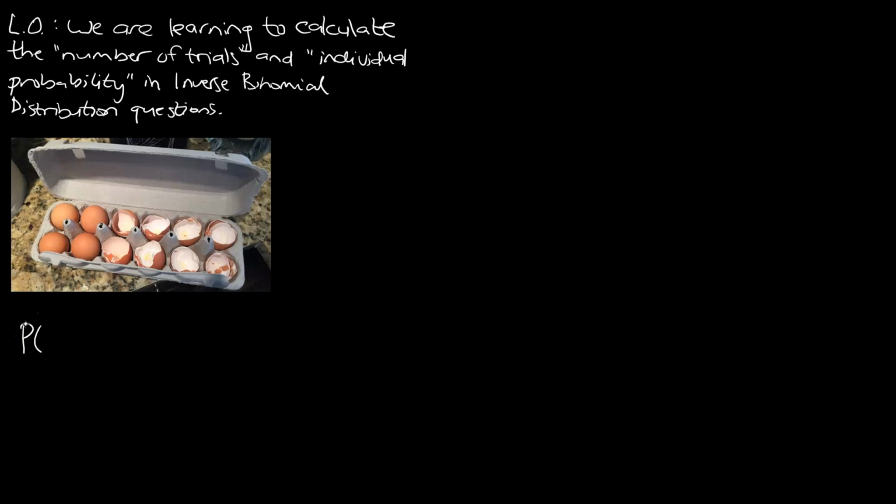So the probability that random variable x occurs x amount of times is equal to nCx times the probability to the power of x times 1 minus the probability all to the power of n minus x. In that formula, we had 3 or 4 variables.